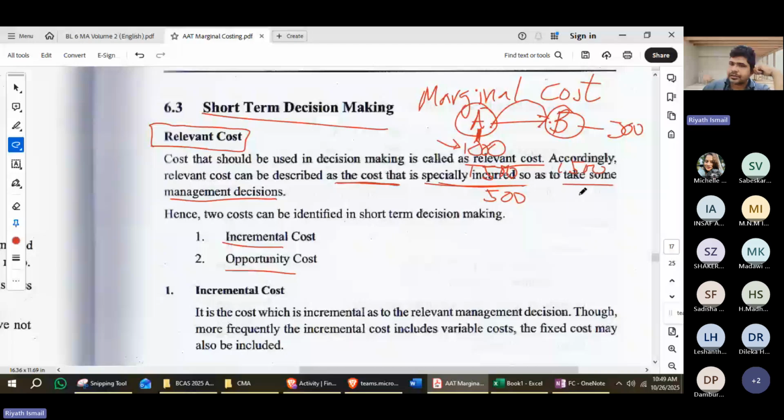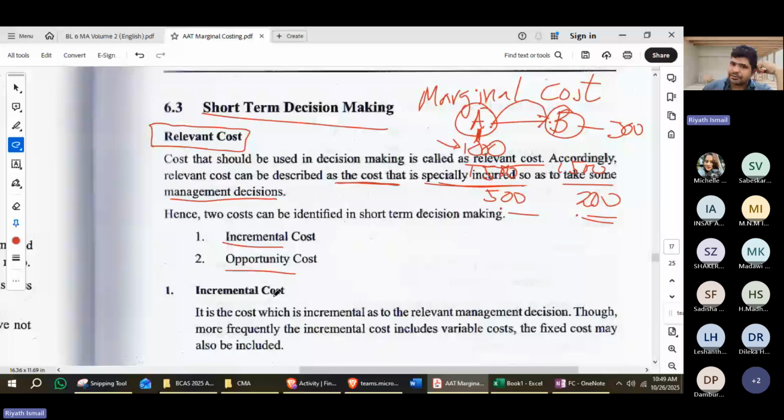Now tell me, do you move or not? Right? So from A to B, there is additional cost.